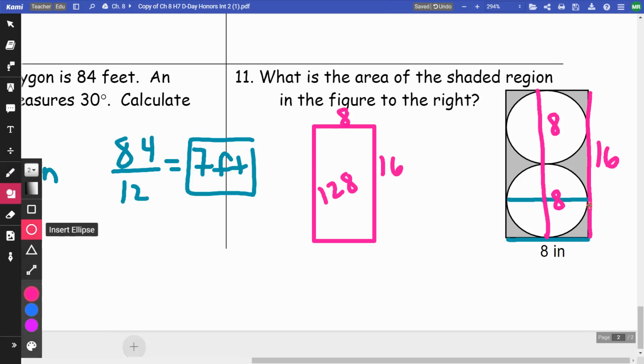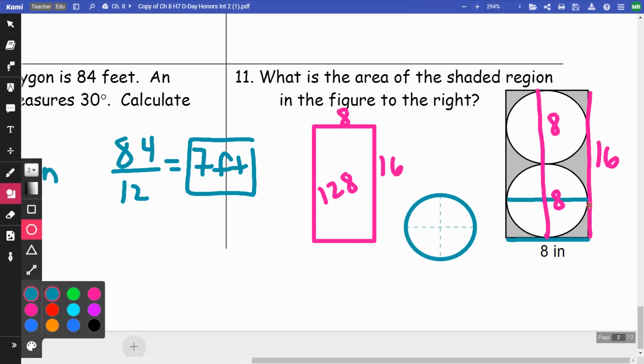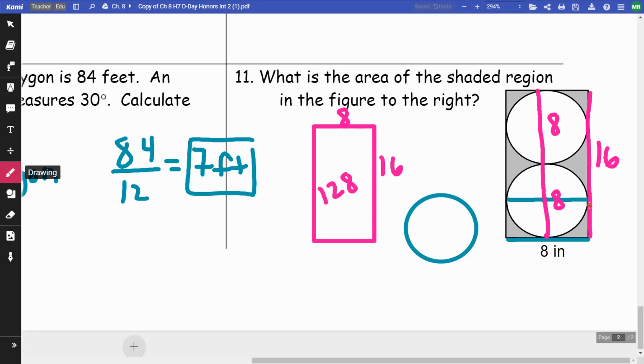And so for my circle, and I actually have 2 circles. So for my circle, I know for that area, my diameter is 8, so my radius is 4. So that means that this is going to be 16 pi. So I'm going to have 16 pi here and 16 pi here.